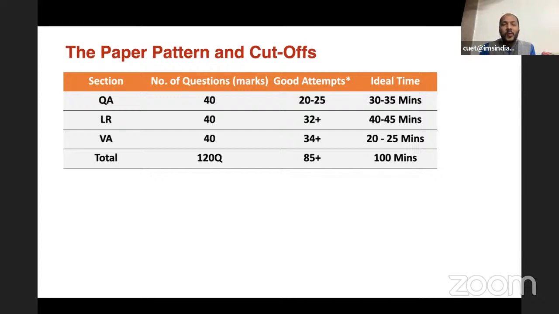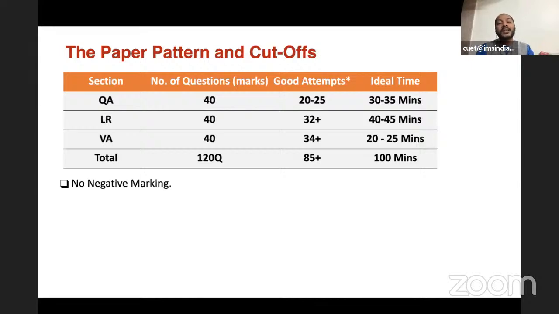So whatever numbers or scores or attempts we discuss are primarily what students have told us as per their judgment. It's not an accurate number. We can't be accurate here because NMIMS does not release the scores.